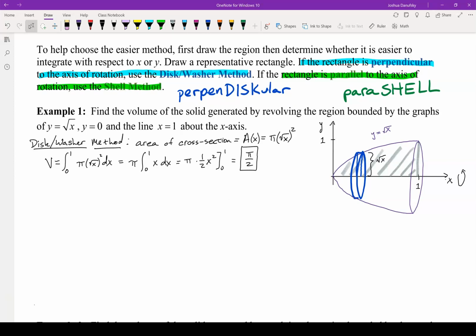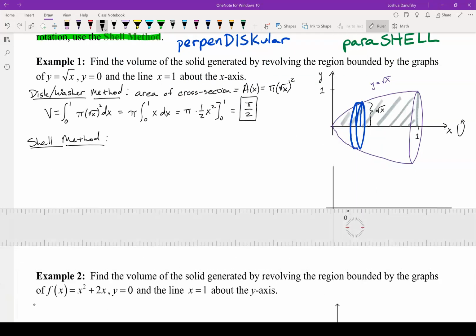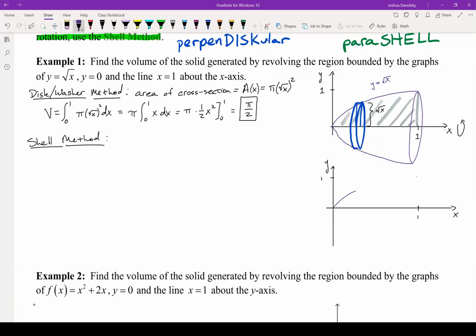Now let's try this using the shell method. Again, we're rotating about the x-axis, and our representative rectangle now is going to be parallel to the x-axis, the axis about which we're rotating, and that rectangle may look something like this.